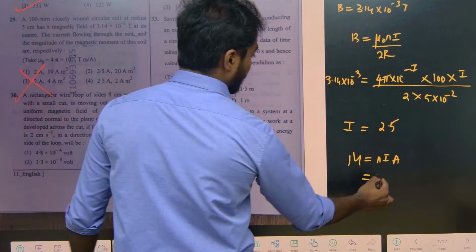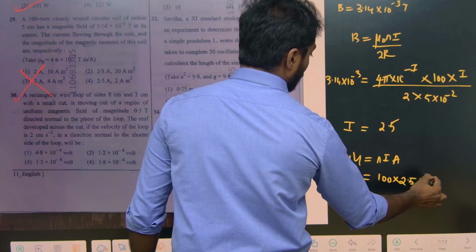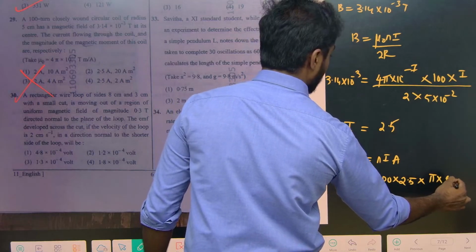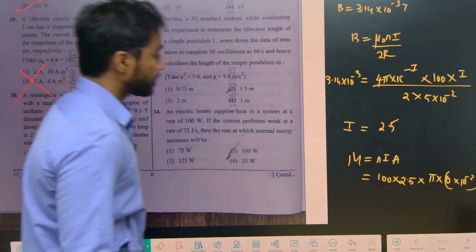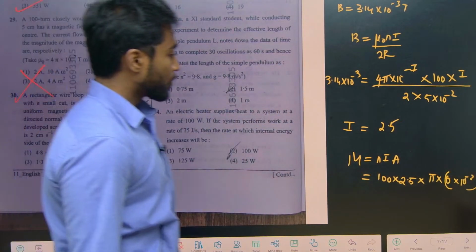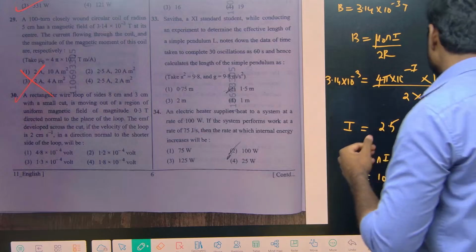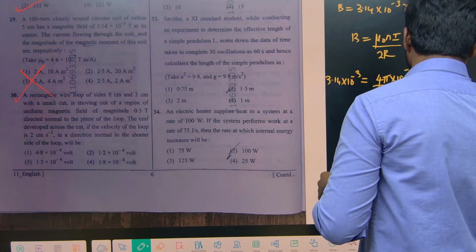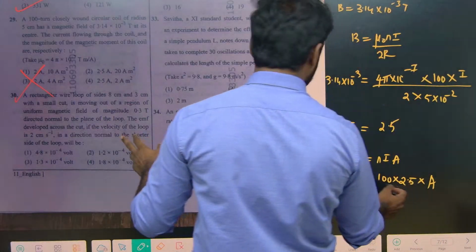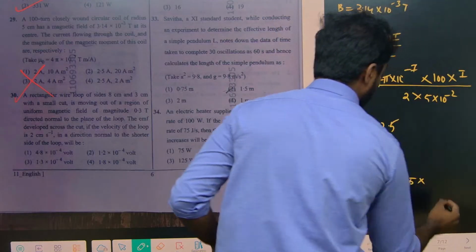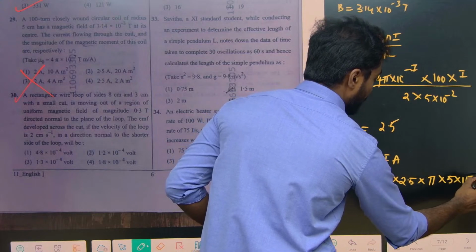Area is pi r square, so N is 100, I is 2.5, and pi into 5 into 10 power minus 2 the whole square.